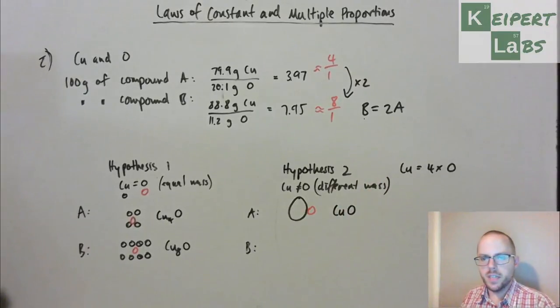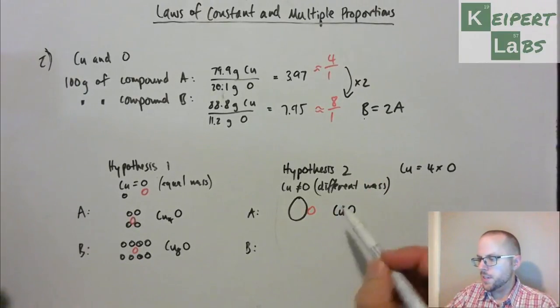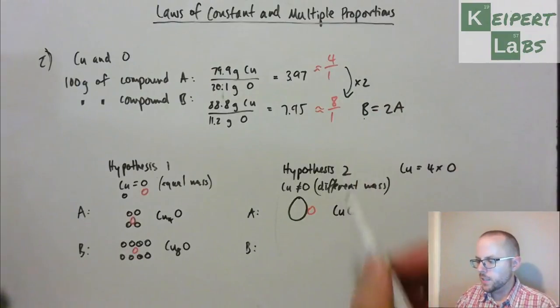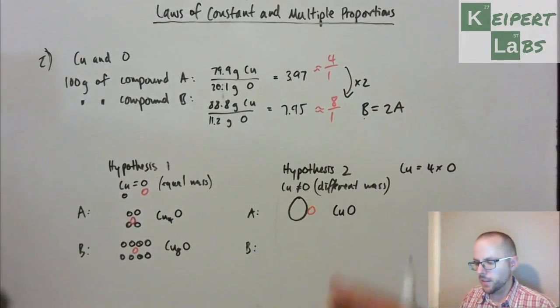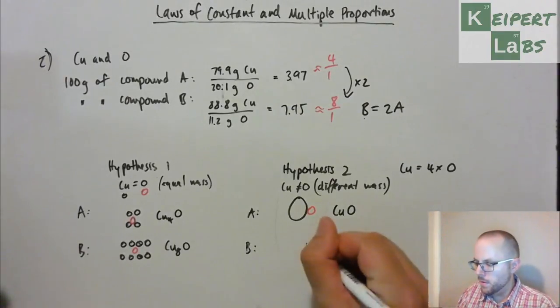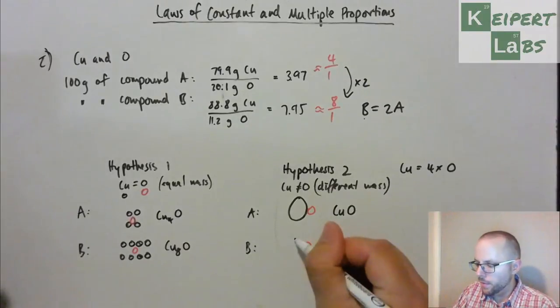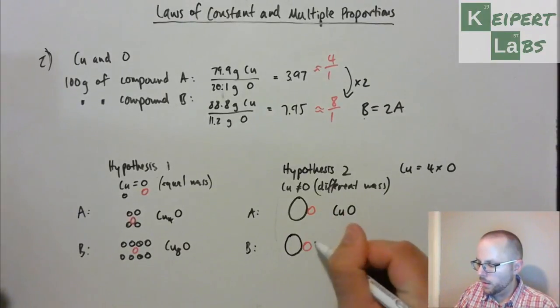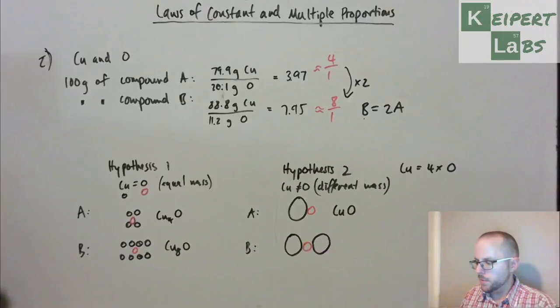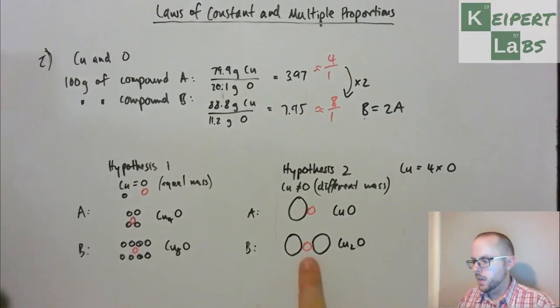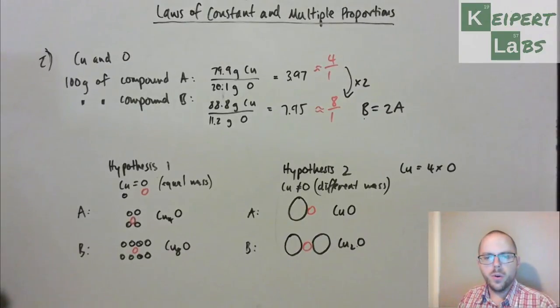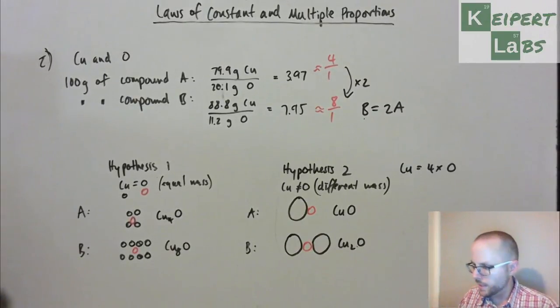So it would be just CuO. To go from here to 8 to 1, rather than making the copper 8 times as large and saying that copper can change itself like that, we now have 2 copper atoms for every 1 oxygen, and so Cu2O.